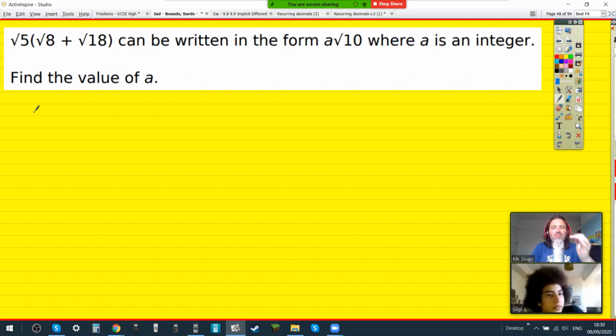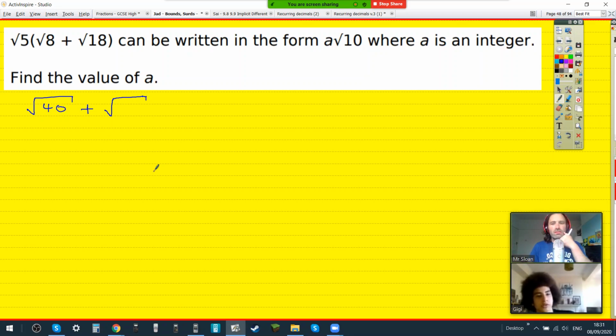So root 5 times root 8 would be root 40, plus root 5 would be root 140. Oh, no. You could times by 10 and half it.